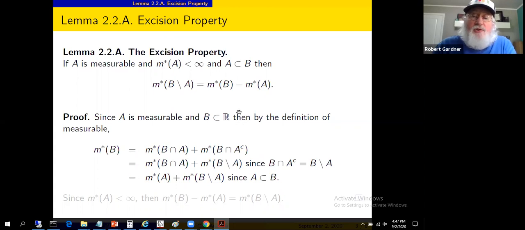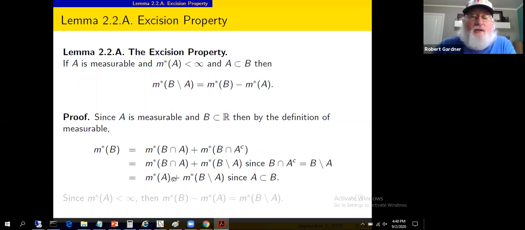Amusing observation. We didn't assume the measurability of B in this process. B intersect A complement, that's equivalent to B set minus A. By the way, take that as a definition of B set minus A if you like.